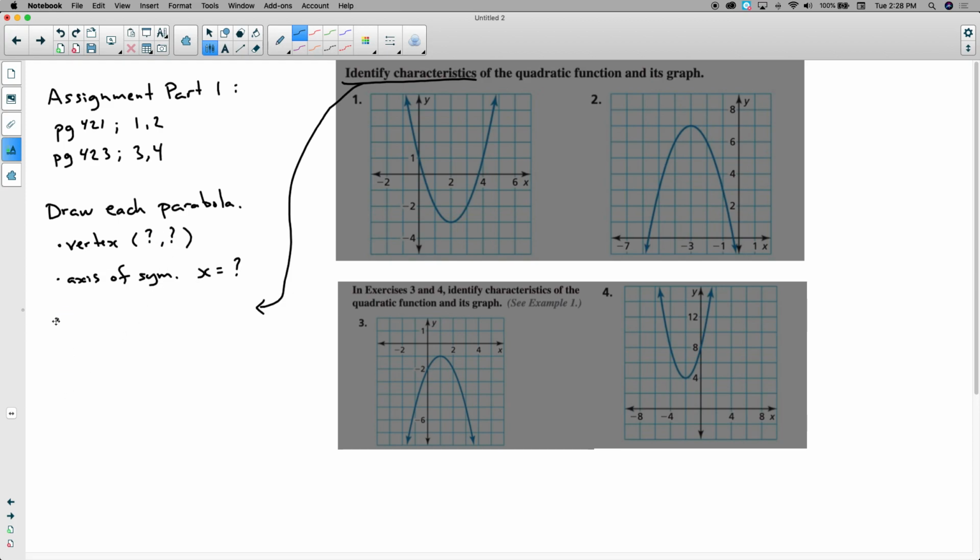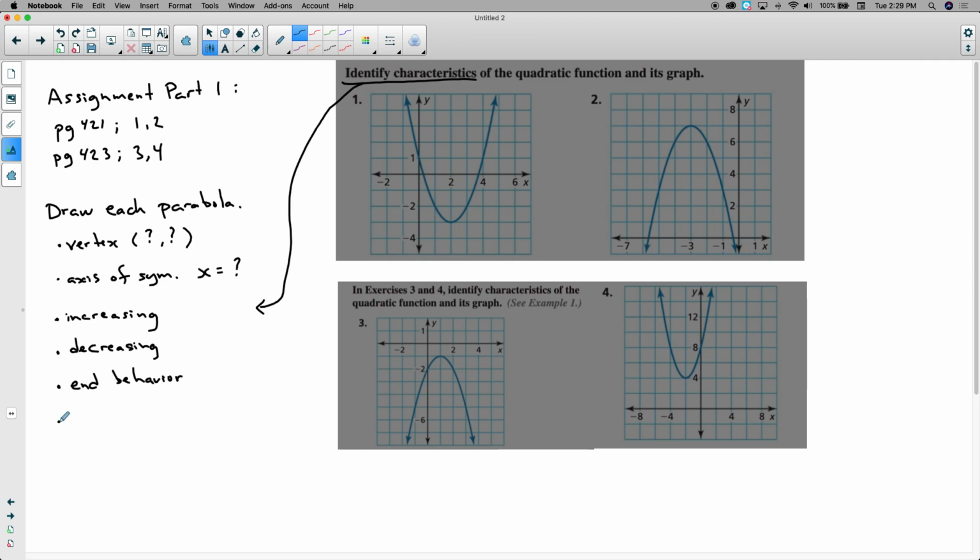Okay, and then you can draw like a little arrow system where the parabola is increasing. I did that in red, and then you can draw on it where the parabola is decreasing. No, that's not true. I did this one in green and this one in red. Okay, and let's see what else. Oh, that's right. Do the end behavior.